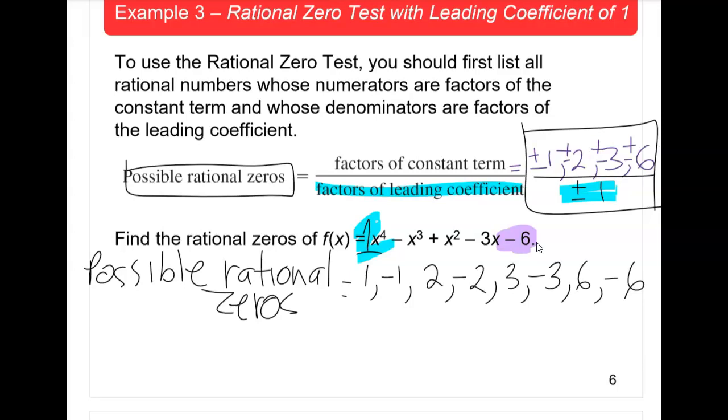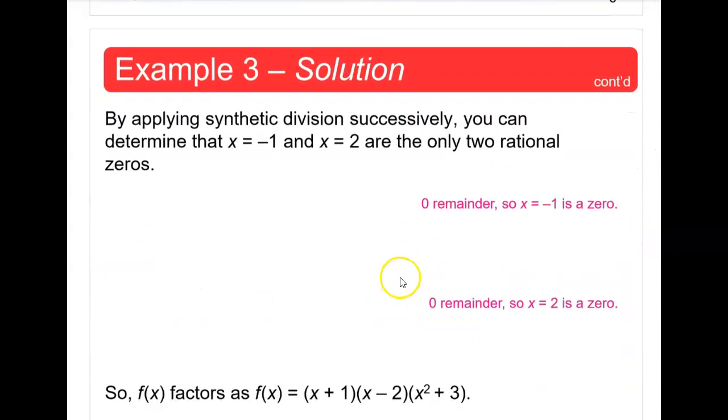So we have a total of 1, 2, 3, 4, 5, 6, 7, 8 different possibilities. This is a good amount because we were just dividing by 1. Sometimes the leading coefficient, if it's a bigger number, will give us more factors in the denominator, and therefore we'll have more combinations and some fractions.